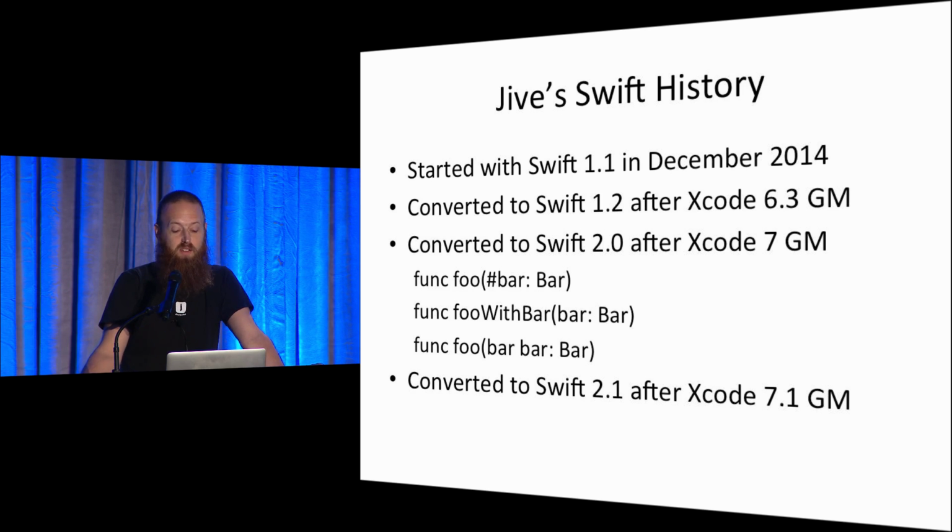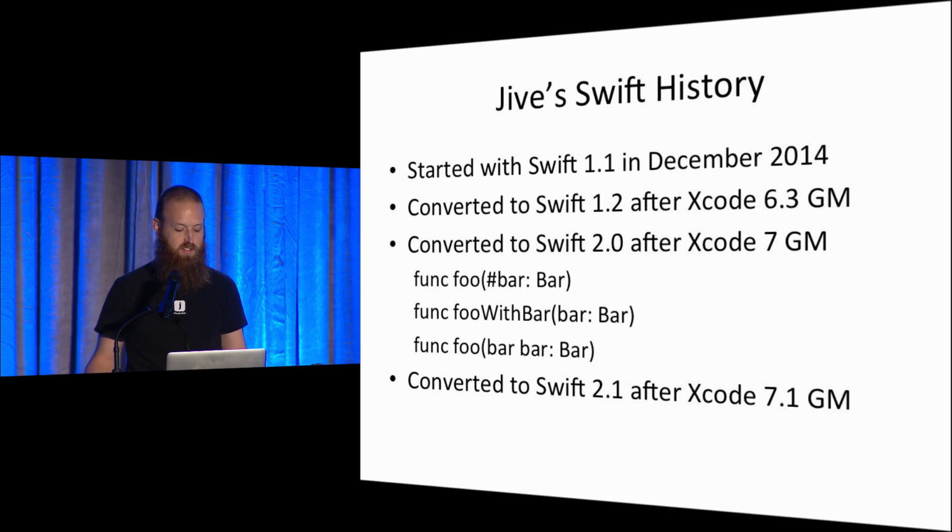And that ended up being very important, because then in Swift 2, they made the first declaration illegal, and if you wanted to force someone to use an argument name with the first parameter, you had to declare it like the third function, which is foo bar bar bar, which is just ridiculous to write, and we were not going to do that. So if you use the auto conversion tool, we were going to end up with all these foo bar bar bars everywhere, and that was completely terrible.